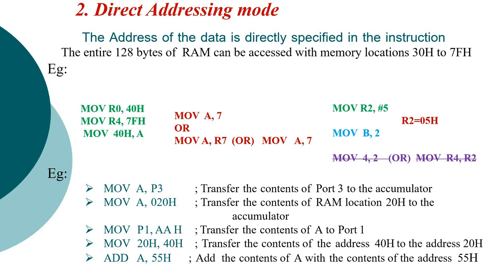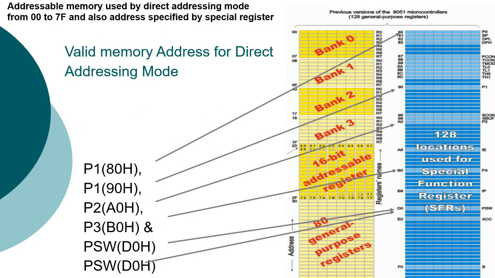Similarly, for another example, MOV 40H, A, the content of the accumulator is moved to the address location 40H. Now, the valid memory addresses for direct addressing mode.